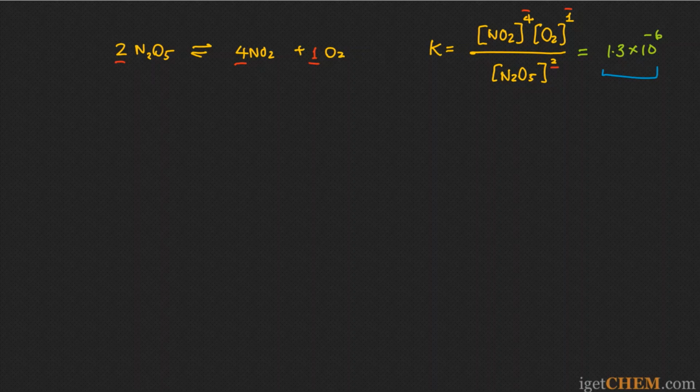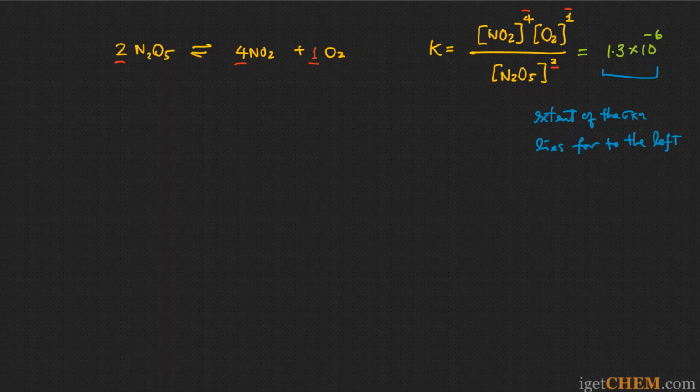K being that small indicates that the extent of the reaction lies very far to the left. So the reaction favors the left side of the equation, which are the reactants.